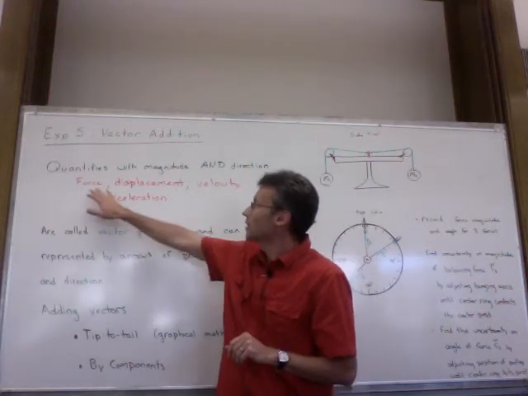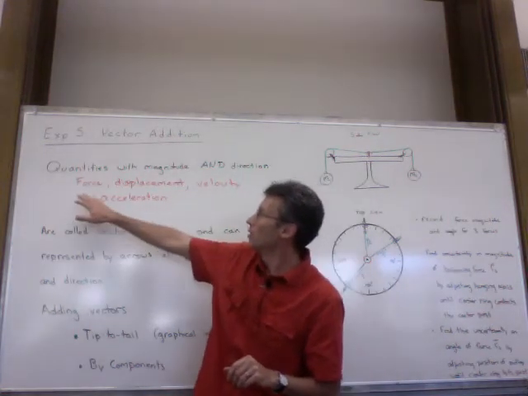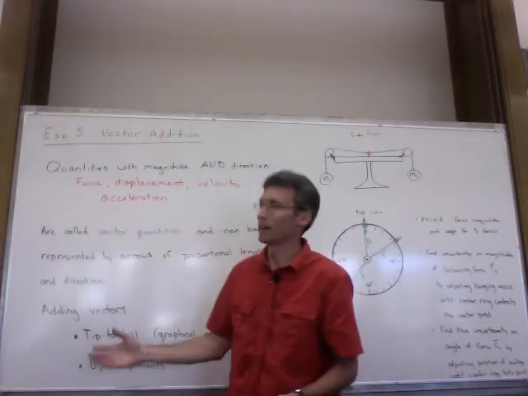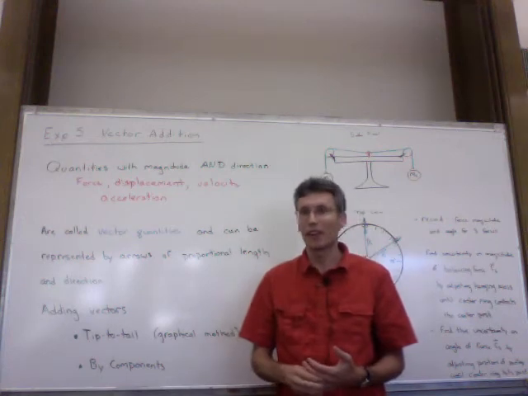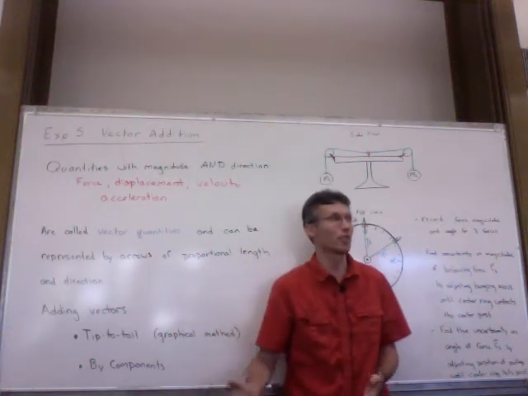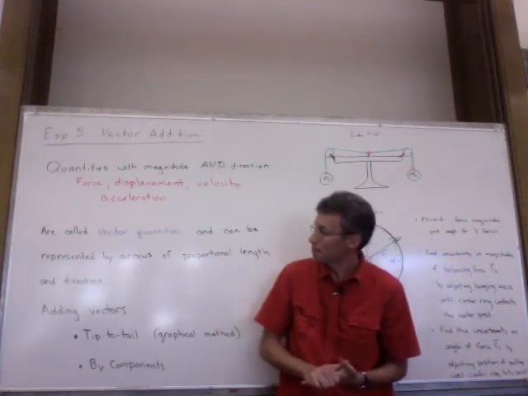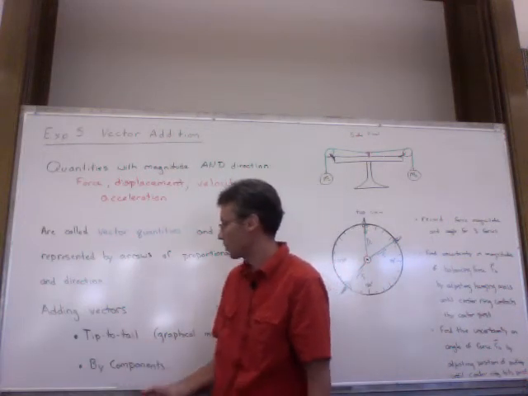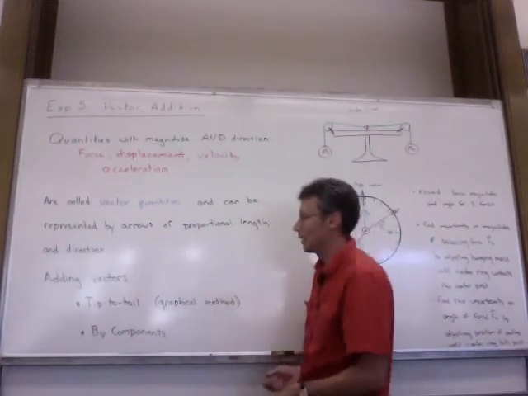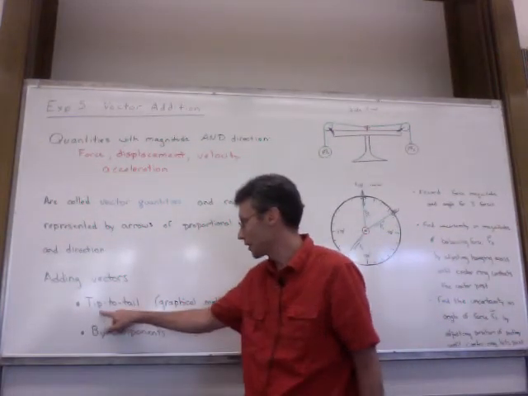So there are a couple ways we do this. One is we can take these different quantities, and if we know, for example, the force that an object exerts, we can represent that as an arrow, where the length of the arrow is proportional to the magnitude of the force. The direction of the arrow is the direction that the force is applied. And so if we have a number of forces that we want to add, we can add them as vectors. We can add their arrows using the tip-to-tail method.